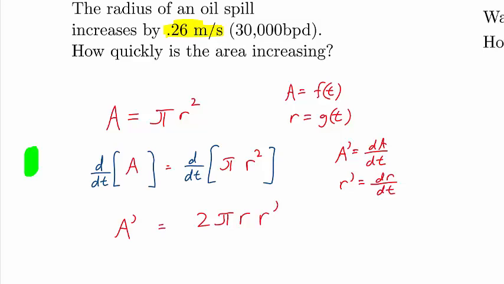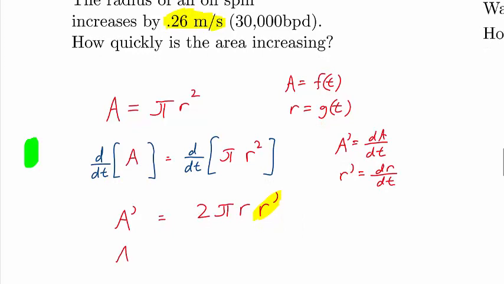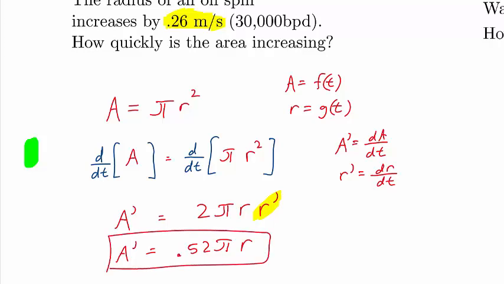Okay. And then let's go ahead and plug in what we know. R prime is 0.26 meters per second. Plugging that in, we get A prime equals 0.52 pi times r. And so now we know how quickly the area is spreading for any given radius. And so if I asked you, okay, well, how quickly is this spreading when the radius equals 1?